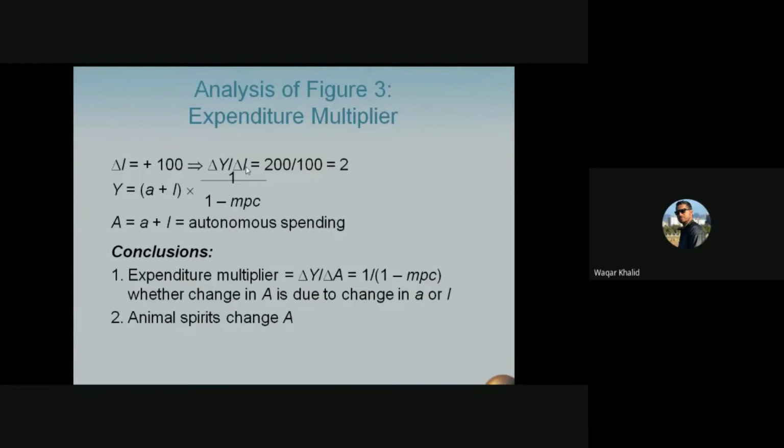Change in I means change in investment expenditures. And you know that change in Y is equal to 200 and change in I is equal to 100. The value is 2. This value of 2 is known as the expenditure multiplier.